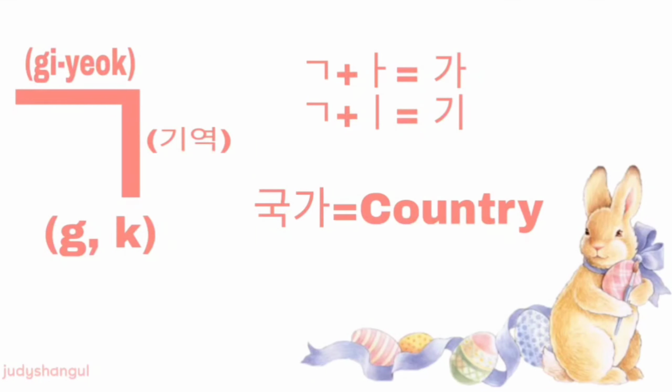In order to have a sound, we need to add a vowel to it. Let's put a with it. Kiyeok plus a, ka. Kiyeok plus i, ki. Kuka, country. Let's learn an example word of kiyeok.